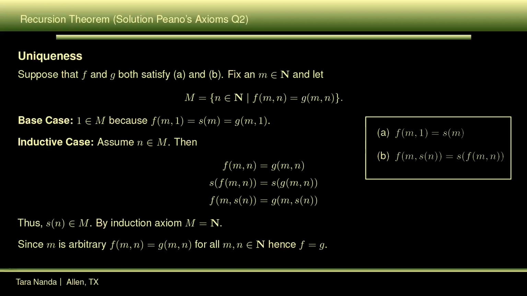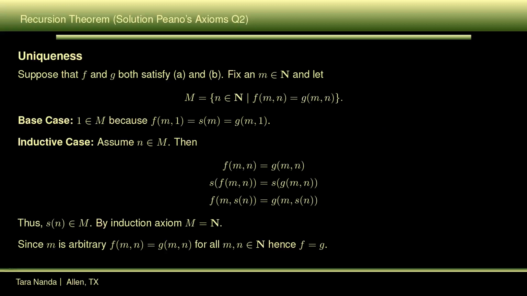And for any first element m comma n, we have shown that the value of F is equal to the value of G. So the ordered pair m comma n comma p is in both F and G. This proves the uniqueness.